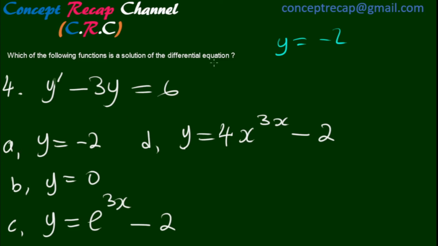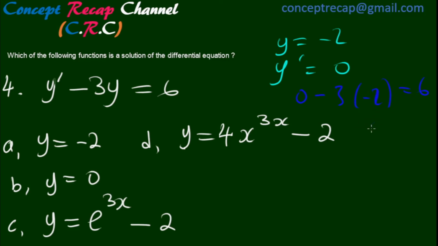Y prime will be 0. If you substitute into the equation, you find that 0 minus 3 times minus 2 is equal to positive 6.